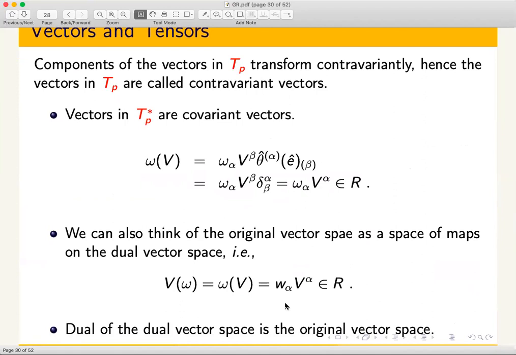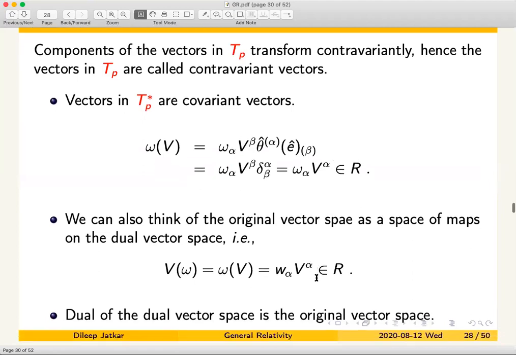Omega alpha V alpha would mean alpha takes all possible values 0, 1, 2 and 3 if you are using a Cartesian coordinate system, but any 4 variables that we have. So all these indices are summed, and therefore there is no free index sitting around on this quantity, and that is just a number at a particular space-time point.